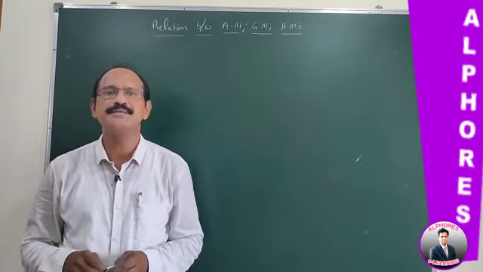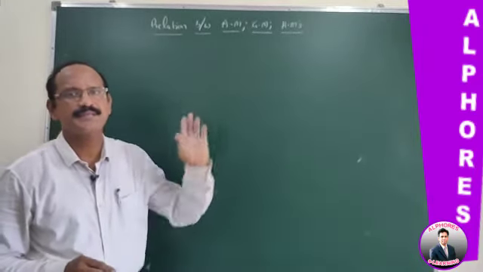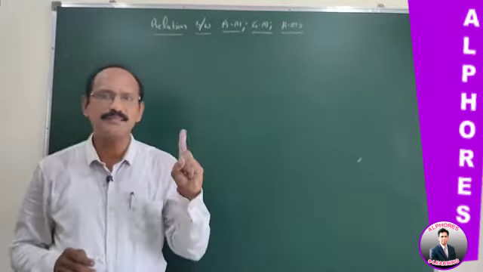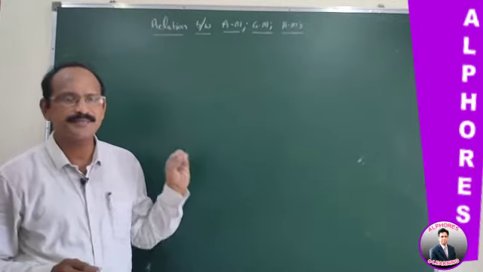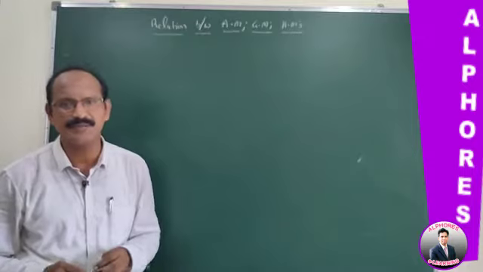Today we are going to discuss the concepts of the relation among arithmetic progression, arithmetic mean, geometric mean and harmonic mean. That is, the relation between AM, GM, HM, right?